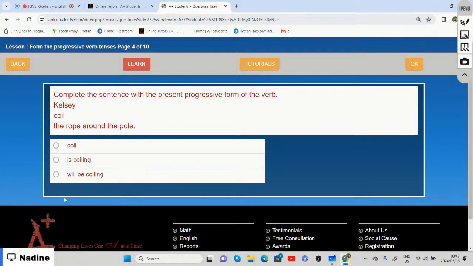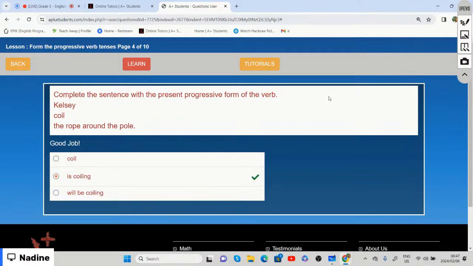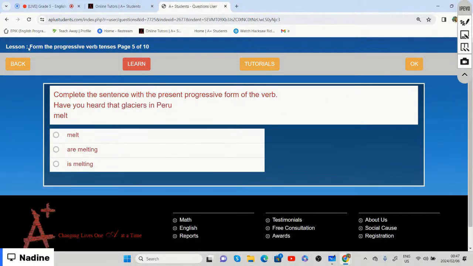Lovely. Remember the ongoing action, right? It's where we're adding the ing. So is coiling is correct. So well done.